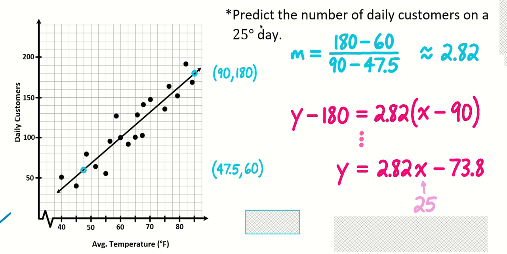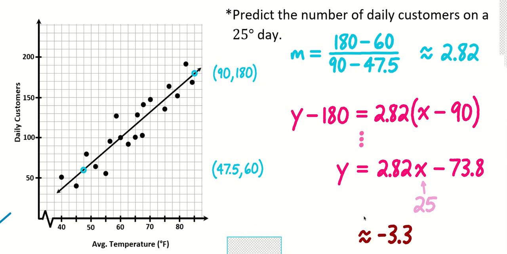What they're asking is, what's your y value when your x value is 25? So you replace the x with 25, and then you do 2.82 times 25 minus 73.8, and you end up getting approximately, of course, negative 3.3 customers, which again doesn't make any sense in realistic terms.